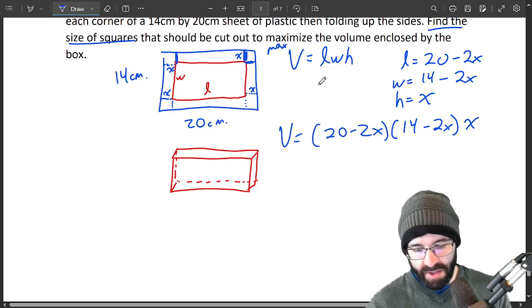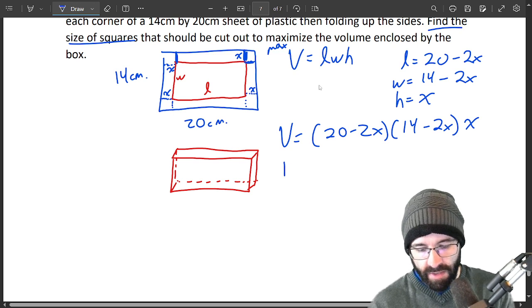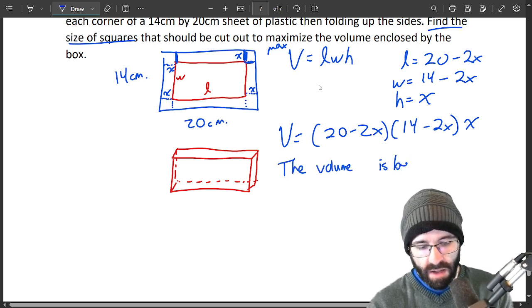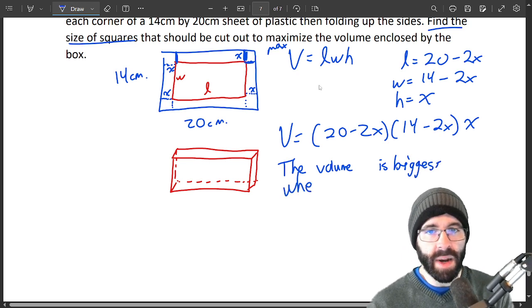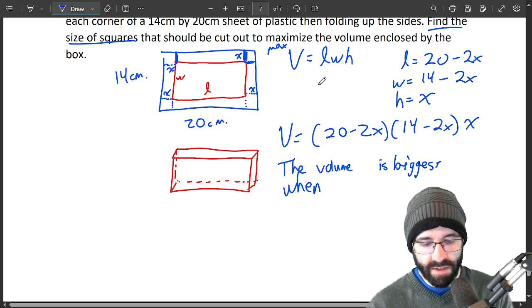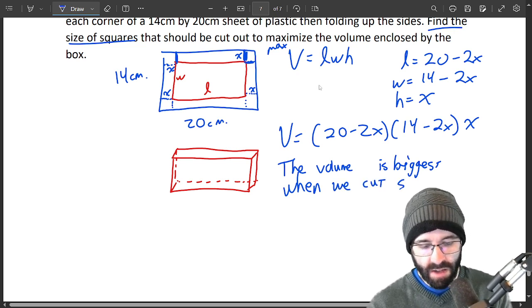So the size of the square where the volume is biggest is when x is about 2.7, so when we cut squares of about 2.7 centimeters.